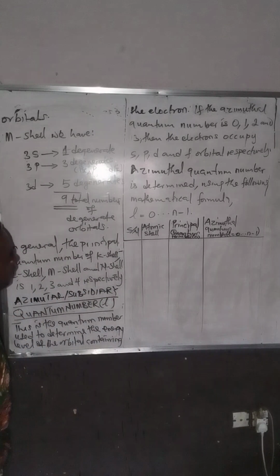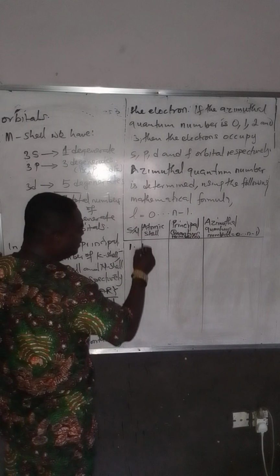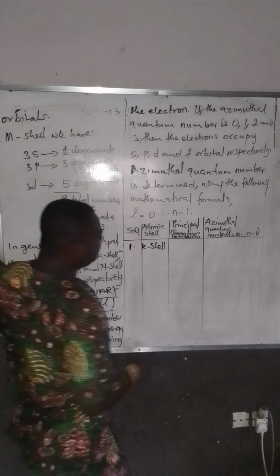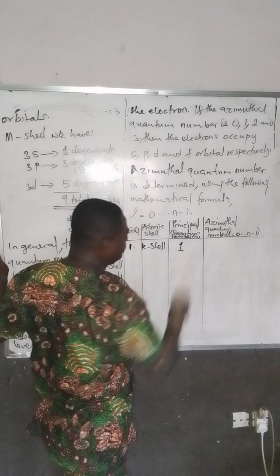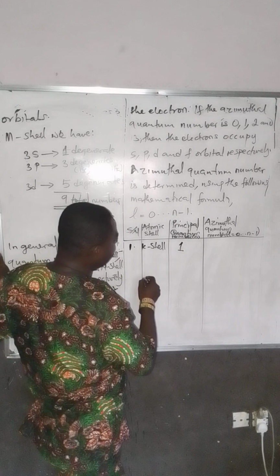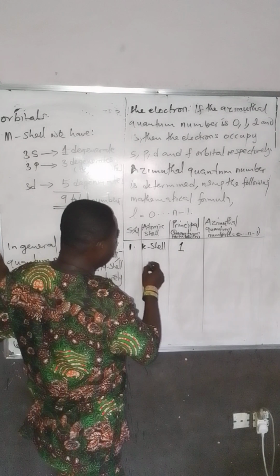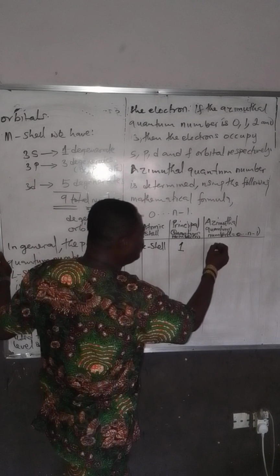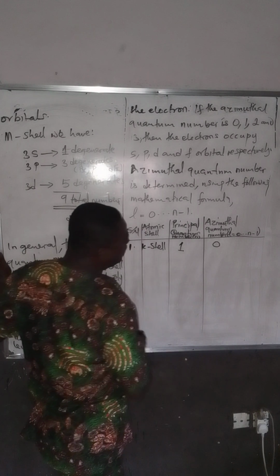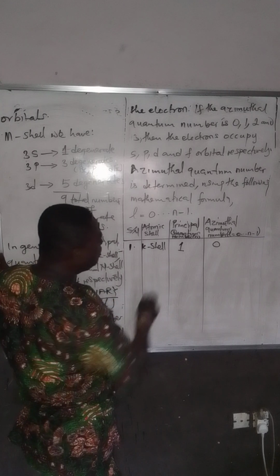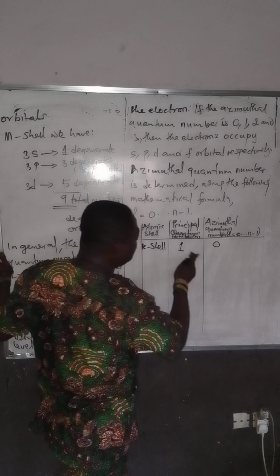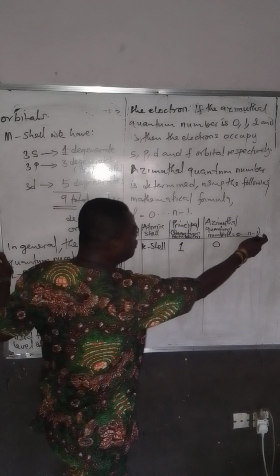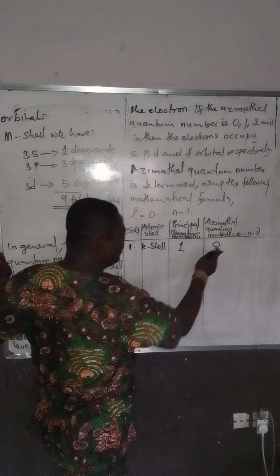Now, the first shell we have is the K shell. K shell, principal quantum number is 1. What is the azimuthal? It must begin with 0. Why is it beginning with 0? If you have n minus 1, 1 minus 1 is 0. So that's what you have here.